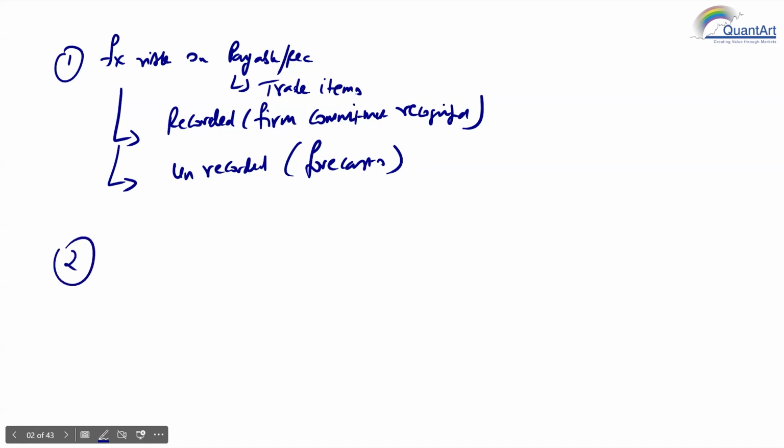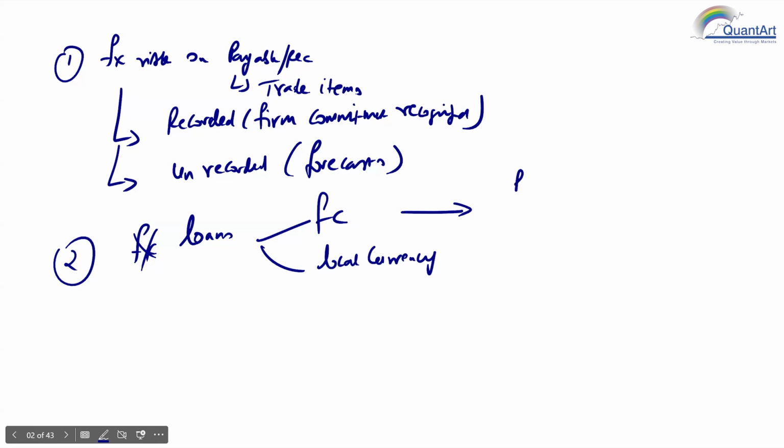Then second, forex loans. I would say loans. Within loans, you have foreign currency and local currency. In foreign currency, you have FX risk, and mostly we also have interest rate risk, meaning SOFR, Euribor, and so on. In local currency, mostly you will have fixed rate loans.